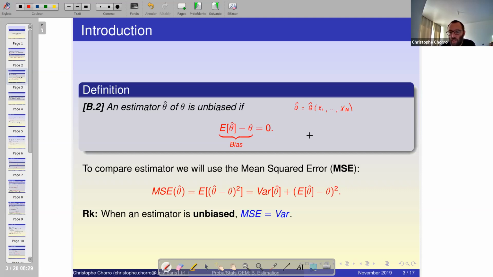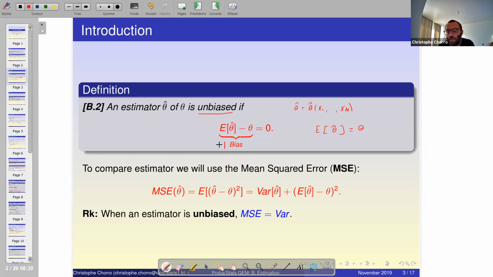And I say that my estimator is unbiased if the expectation of theta hat is equal to the parameter of interest, that is theta. It's what I call unbiased. And I remind you that the difference between the expectation of my estimator and the parameter of interest is what I have called in the previous session the bias of an estimator. So for a good estimator, I want it to be equal to 0.